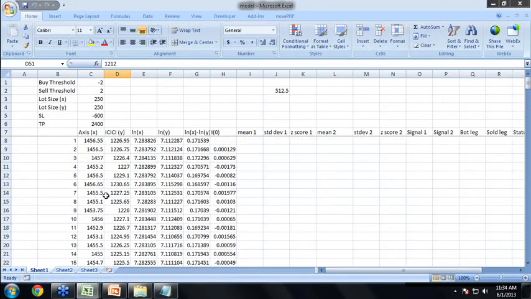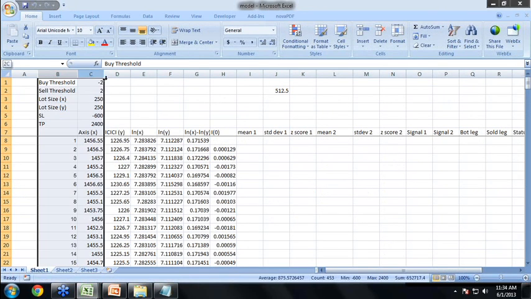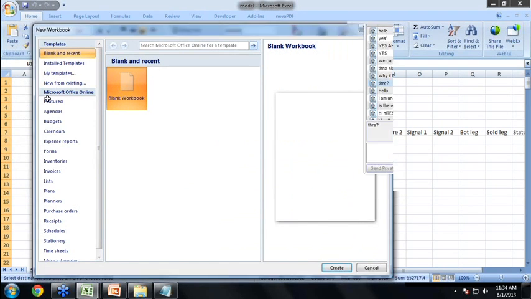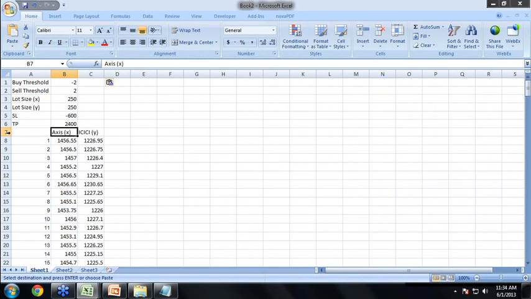I have this made, but I'll make this again in front of you so that you can follow step by step on what exactly is happening. All right, so what I've done is that I've taken data from Google Finance, and this is for Axis Bank. This is for ICICI Bank.